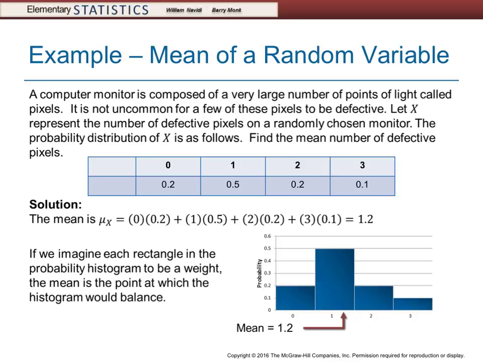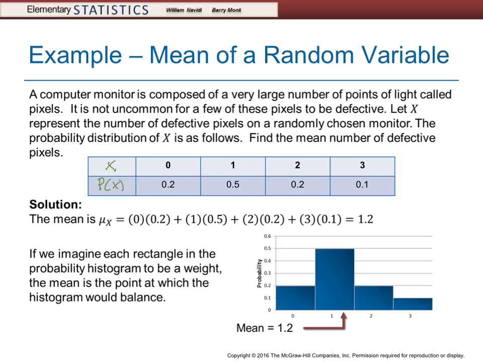The probability distribution of x is as follows. The question is, find the mean number of defective pixels. So this value is x. This is p of x. So that's our probability distribution, and it's a valid one.